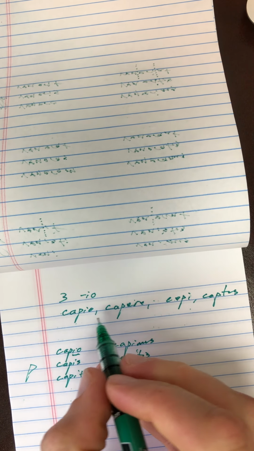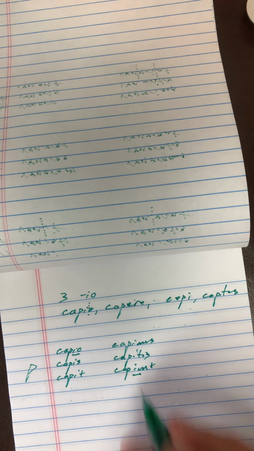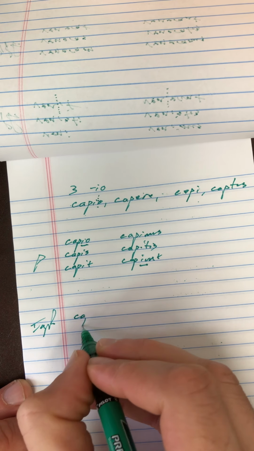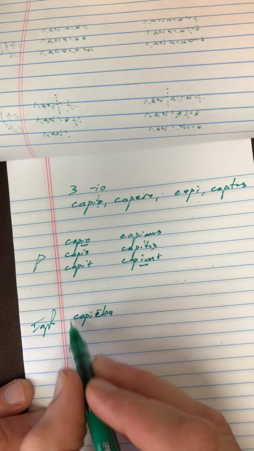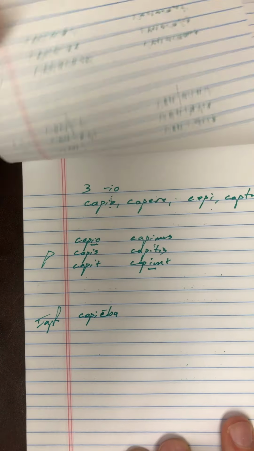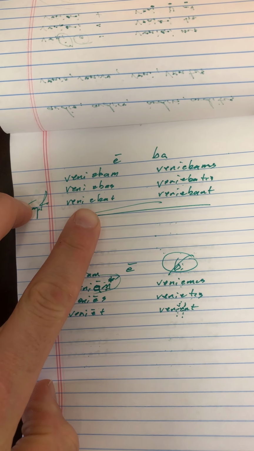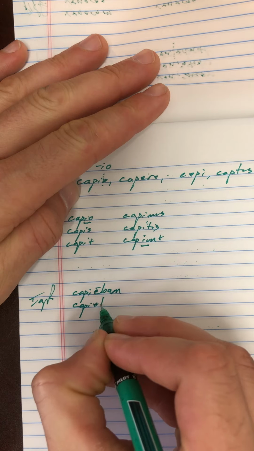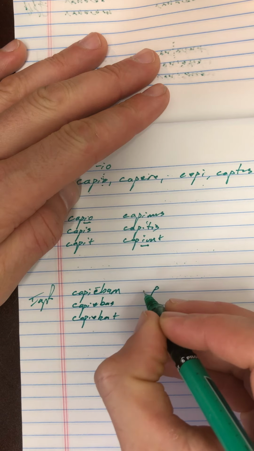Now, it is able to maintain this here in that way is the stem. It is called I stem because it does have an I in the stem. That means that when we do come to the imperfect, we're going to get capie. And do you remember how a tense form like this, aba, it kind of nice seals it in that way. So just like we saw back here with veniebam, veniebas, veniebat, we're going to get capiebam, capiebas, capiebat, and so on over into the plural now.